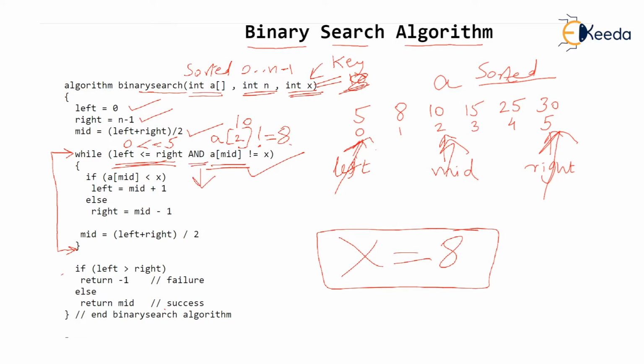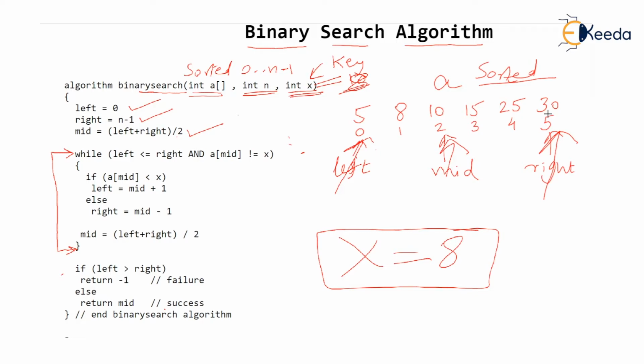And now the decision has to be made. We know that the value was absent at midpoint, isn't it? So where can this value be? We are searching for 8. And if the value is absent at mid, it can be either to the left of mid or right of mid. That depends on this condition.